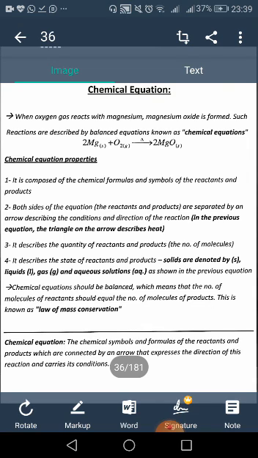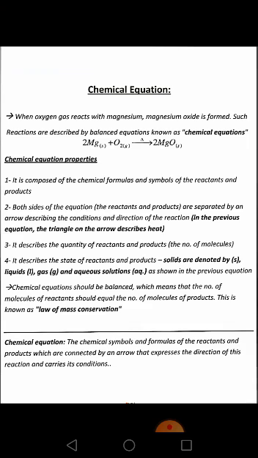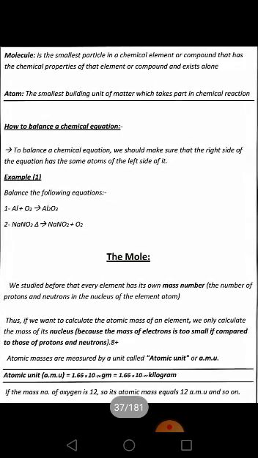This is the end of the preparatory lesson to introduce the mole and how to use the mole in many calculations in chemistry.